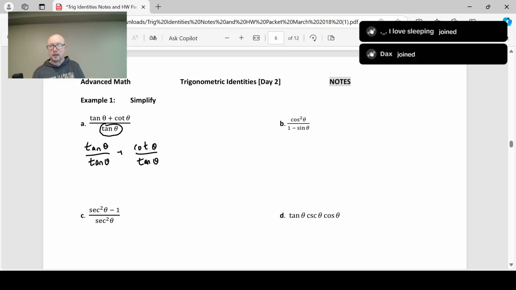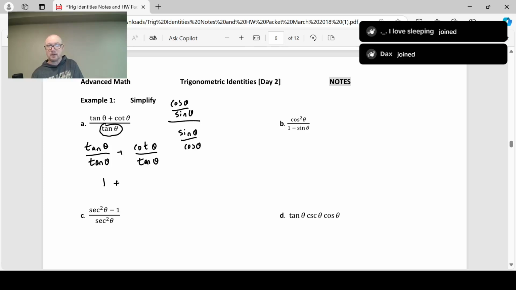Okay. And then what happens in this case? Well, tangent theta divided by tangent theta is equal to 1. The cotangent theta divided by tangent theta, let's do that on the side here. So cotangent would be cosine theta over sine theta, and tangent is sine over cosine.